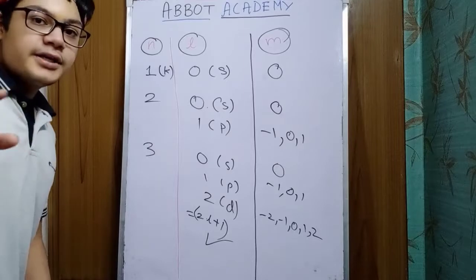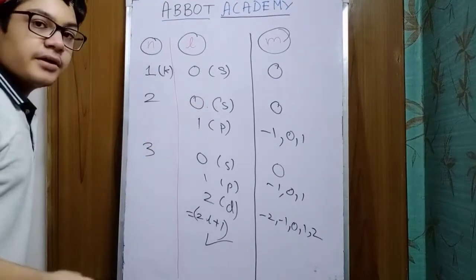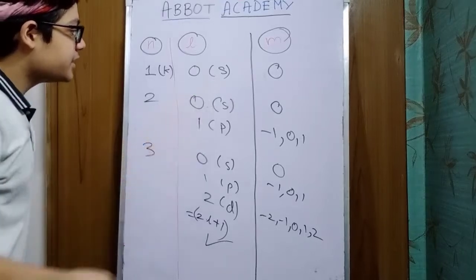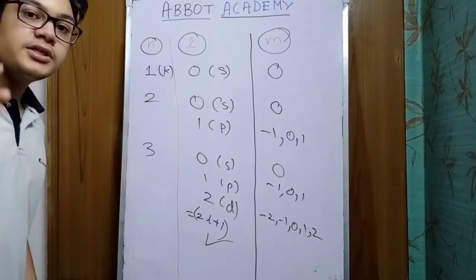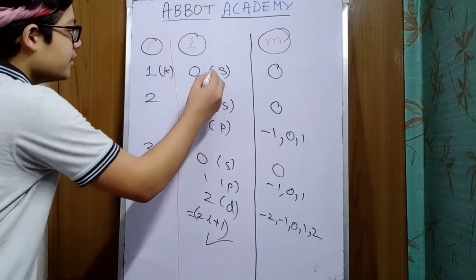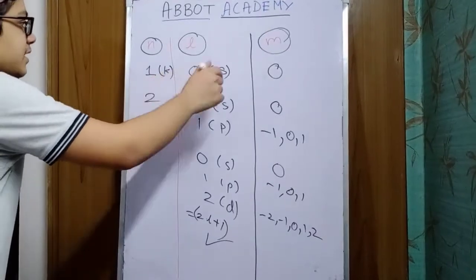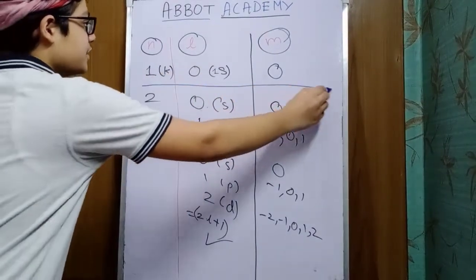Now let us move on to another thing. Isn't it incomplete? Yes, it is incomplete, because the S is the same, but now you have to mark the shell number. For the shell number, we write 1 first, because this S belongs to the first shell.